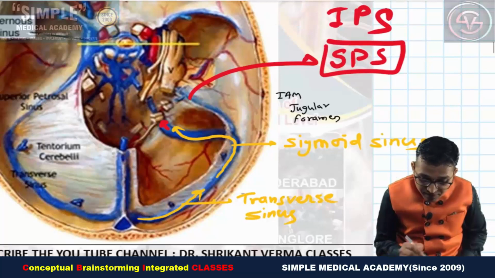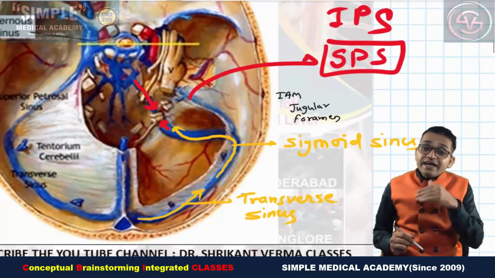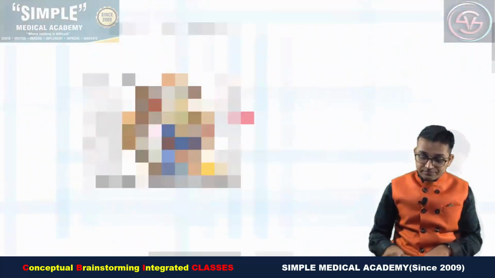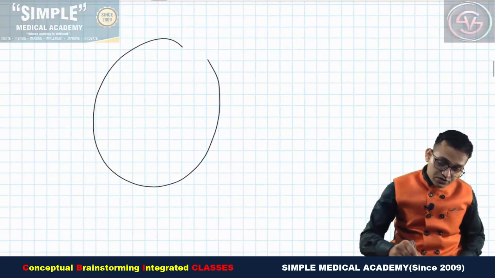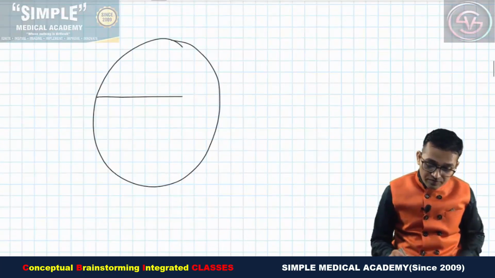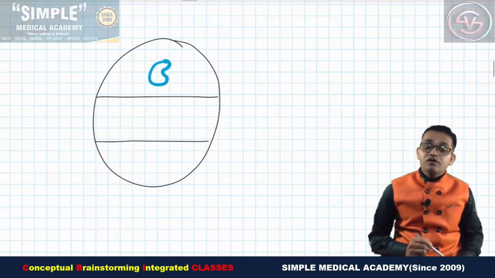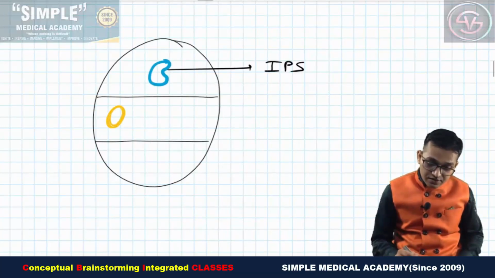Can you see the inferior petrosal sinus, this one? This inferior petrosal sinus opens on the anterior side of the jugular foramen. Okay, so how can you remember? Diagrammatic representation. Suppose this is the jugular foramen. This jugular foramen has 3 parts. Anteriorly there is one sinus or large vein, the inferior petrosal sinus, while the middle part has the cranial nerves.